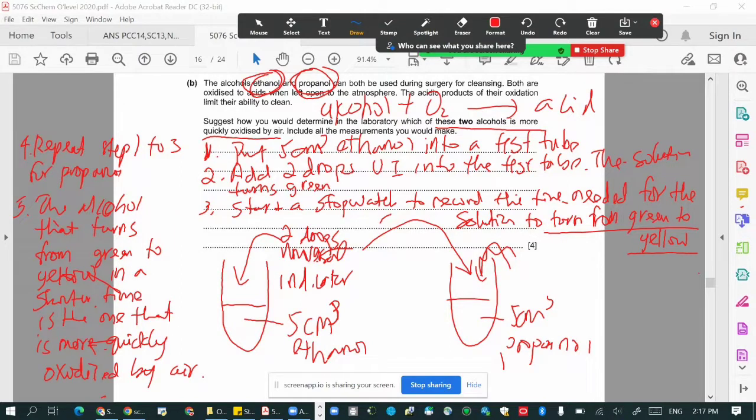Yeah, if it changes color in a shorter time, then that's the alcohol that is more quickly oxidized by air.